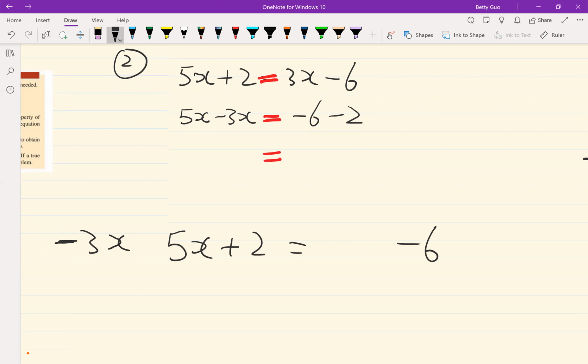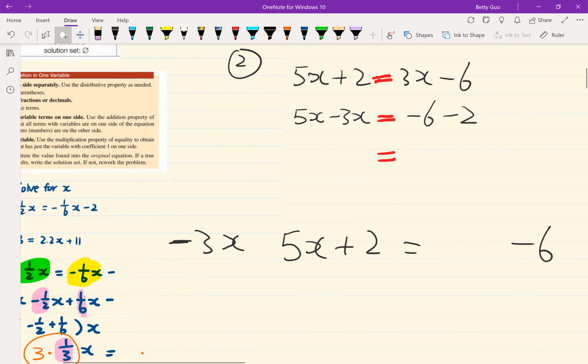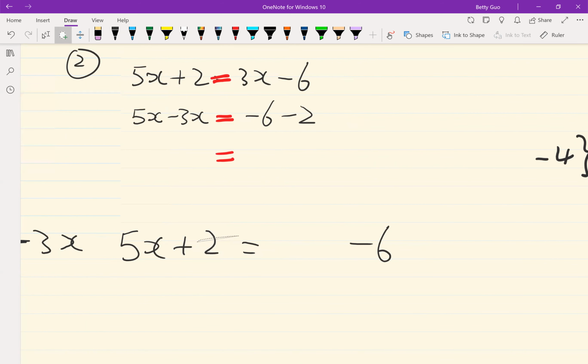Do you see what I just did? And you want to move this 2 to the right-hand side, right? Yeah, you can do that. Oops, let me do it again.